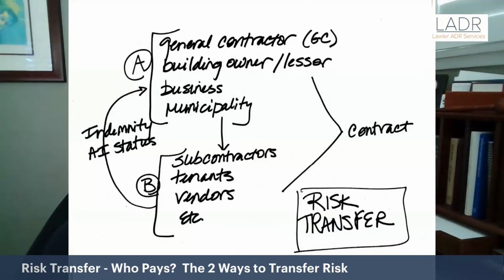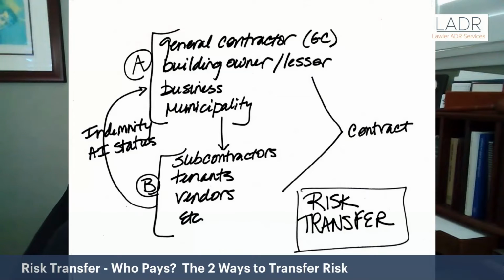And the others, which I'm calling parties B, are entities and people such as subcontractors who would have entered into a contract with the general contractor or the developer, perhaps a tenant who owes an obligation to a building owner or the lessor if it's a subtenant, vendors if they're dealing with a business or providing services, and then ultimately building owners and lessors and tenants may well have an indemnity obligation to a municipality, maybe the city or the county, if someone slips and falls on the sidewalk in front of a bank, maybe, and the bank needs to protect the city from those kinds of claims.